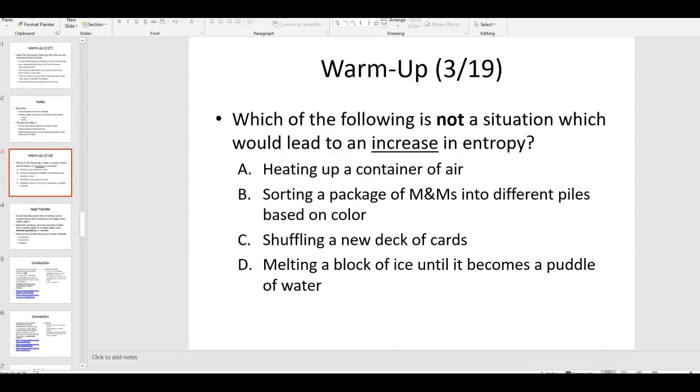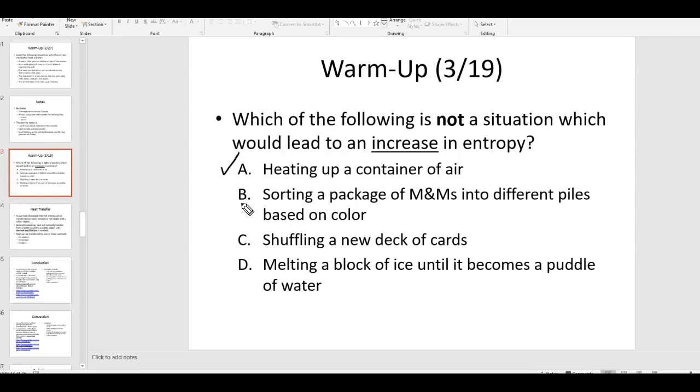They're going to move faster. And if they're moving faster and they're bouncing around more often, that means they are less organized, they're less ordered, which means the entropy has increased. Okay, so A is definitely an example of an increase in entropy.